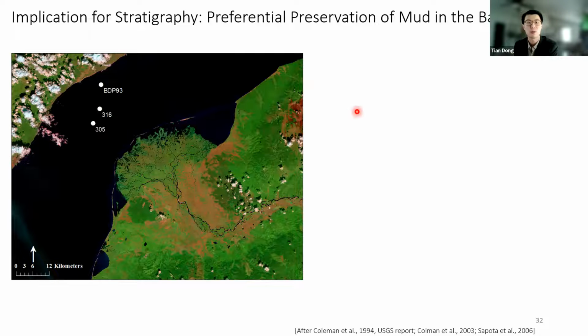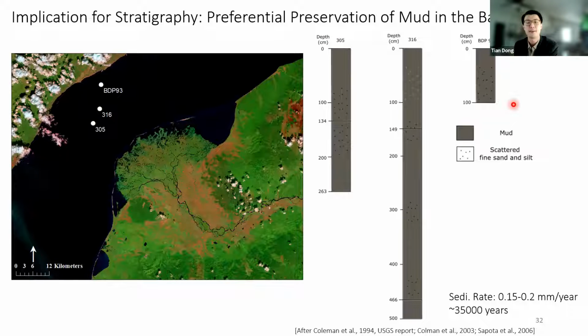If we look at their core data, which is shown here, most of the cores consist of mud with very little sand, and it's very fine-grained sand in the cores. And some of the longest cores are about 5 meters. Given the low sedimentation rate around the delta front, this represents on average about 35,000 years in time. So over that time span, at least, there's no gravel transfer into the lake.